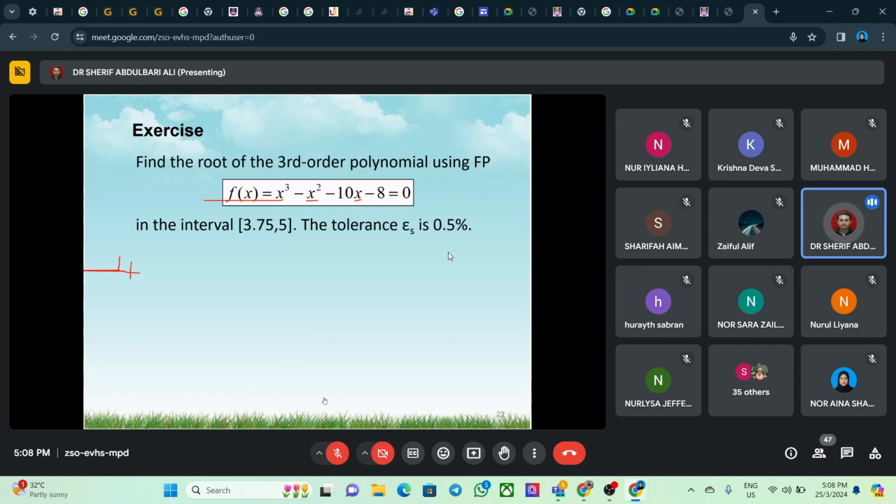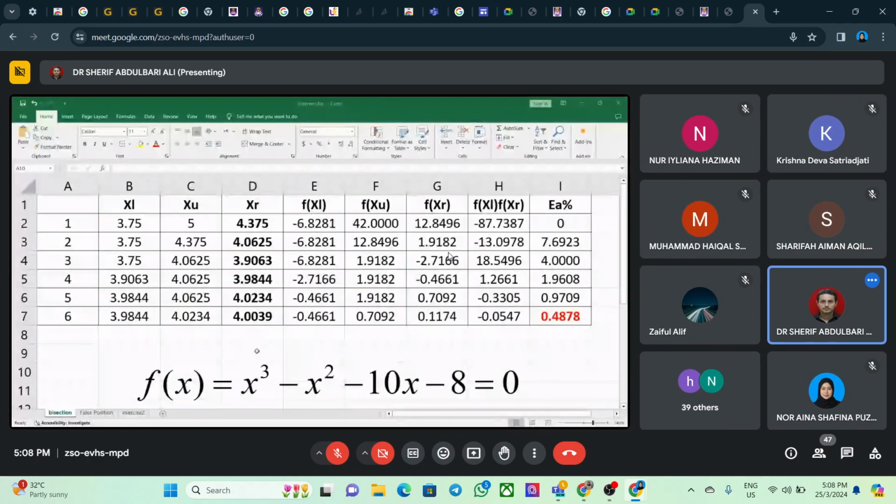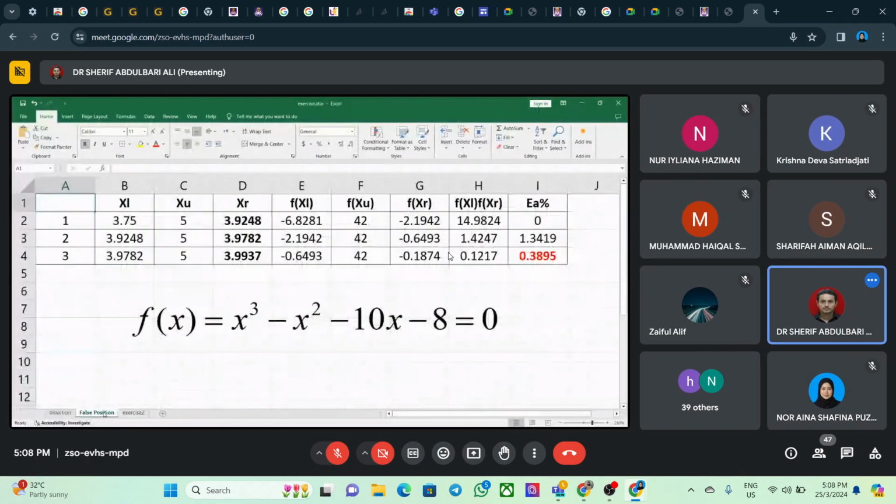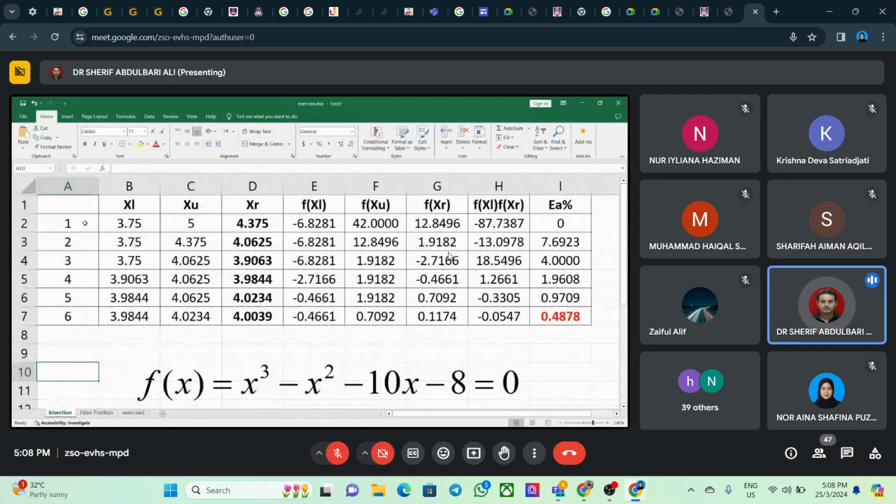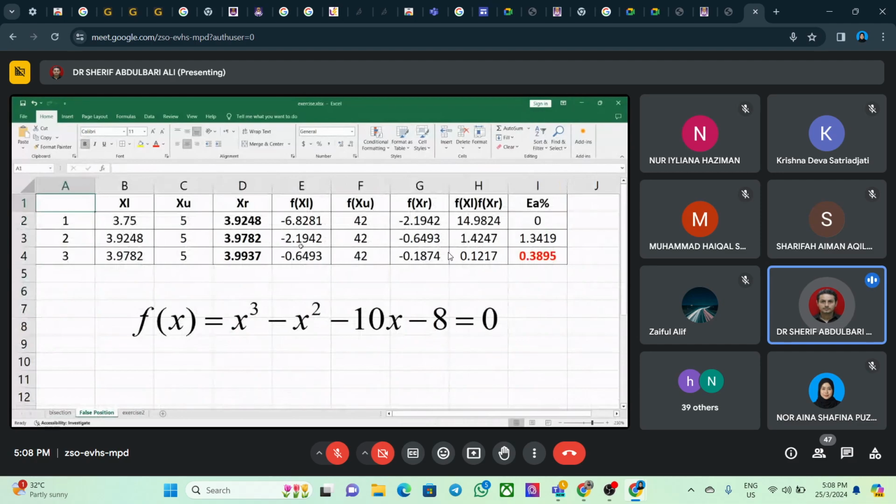Okay, let me show you the answer. I hope most of you are getting the same. Okay, remember this is the answer from the bisection method. It's about 6 iterations. Doing the same exercise using the false position method, within just 3 iterations, you are going to get the answer.